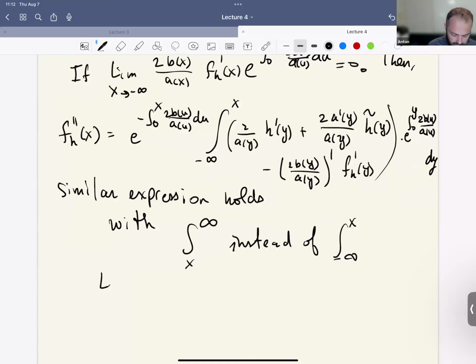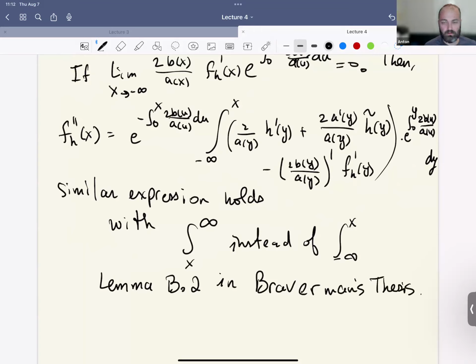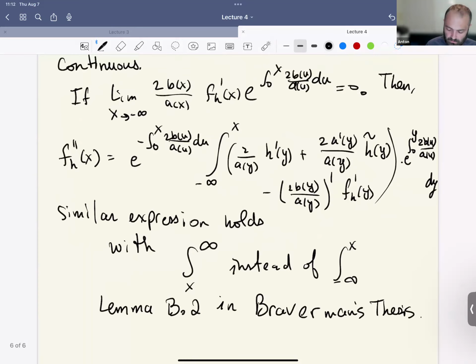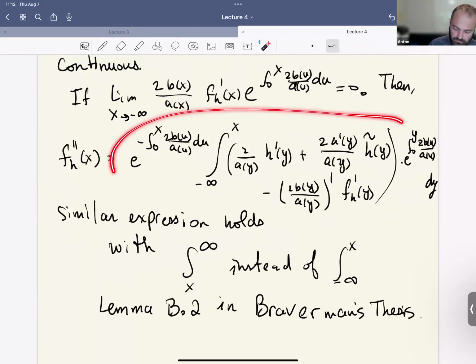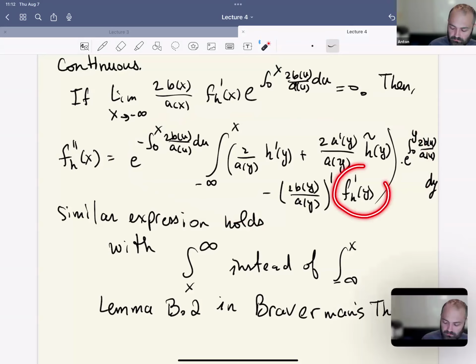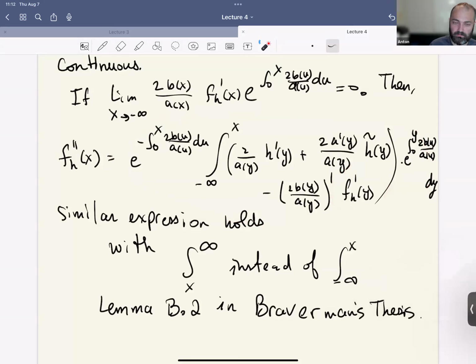And if you want to see the full statement of this lemma, this is lemma B2 in my thesis. We're just going to focus on this term and very quickly convince ourselves that given a bound on the first derivative, we can bound everything.